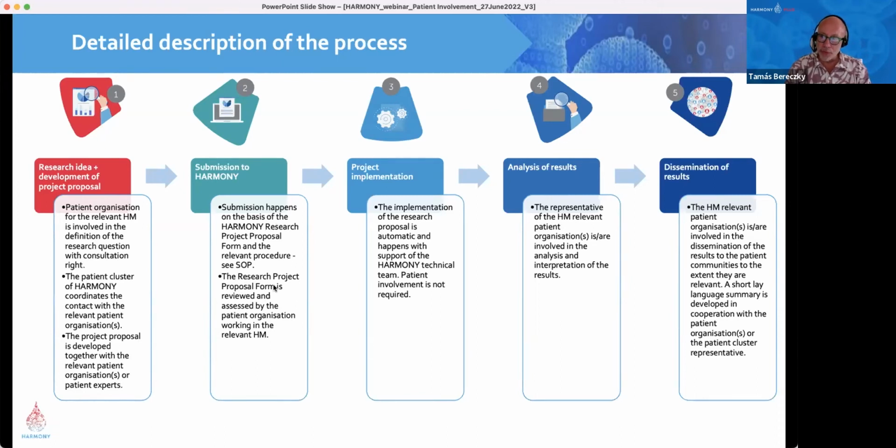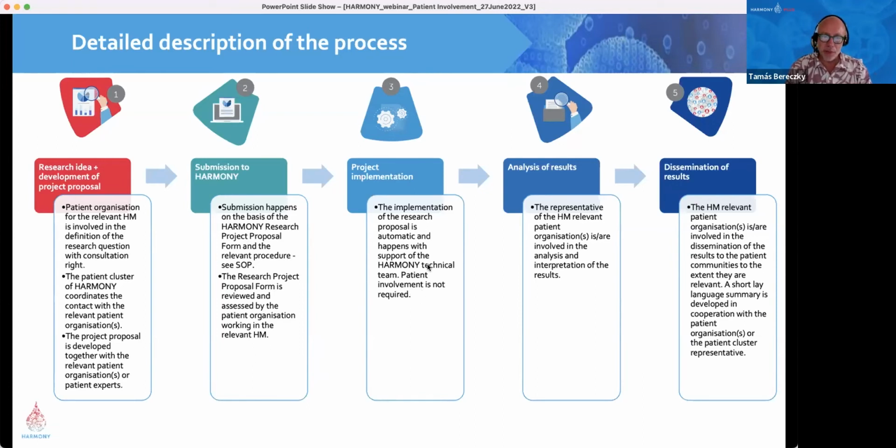What we see more often happening is that the patient organizations get the already developed research proposal for review, which is also fine. Obviously, the earlier the better, as you could hear from Jan as well.